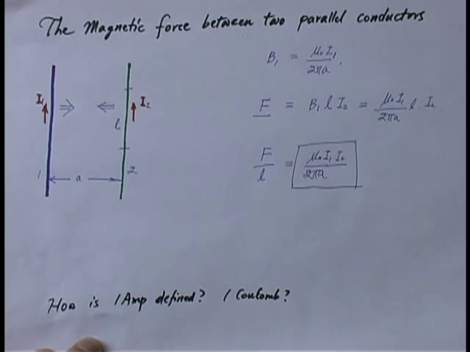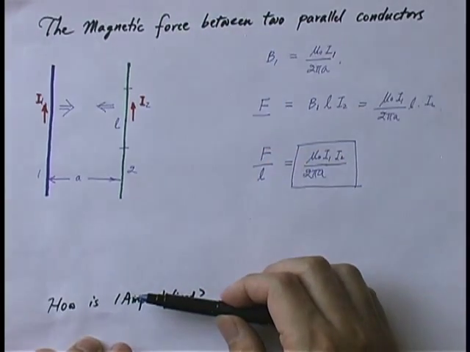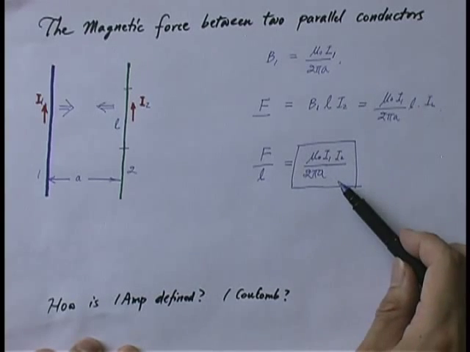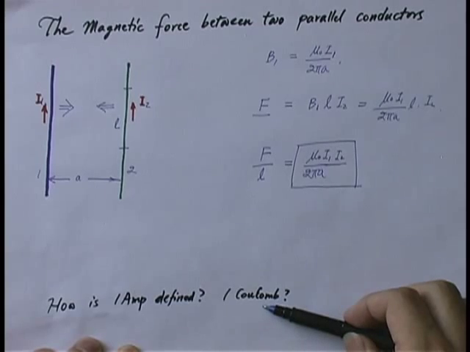So, in the SI system, the way we define a fundamental unit, we have to define it in such a way that you can use an experiment to precisely reproduce that unit. And it turns out it is easier for us to figure out the force between two long wires. We can figure out the force more easily, and from that we can define 1 amp, and from 1 amp we can go back to define 1 coulomb.